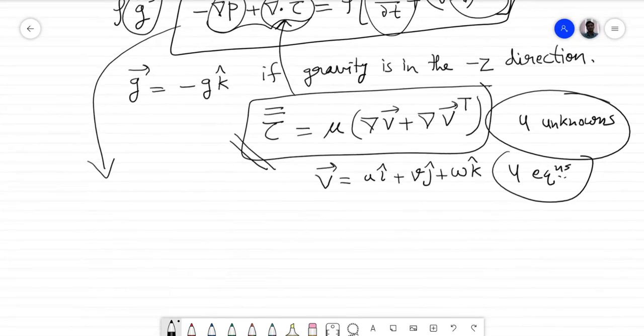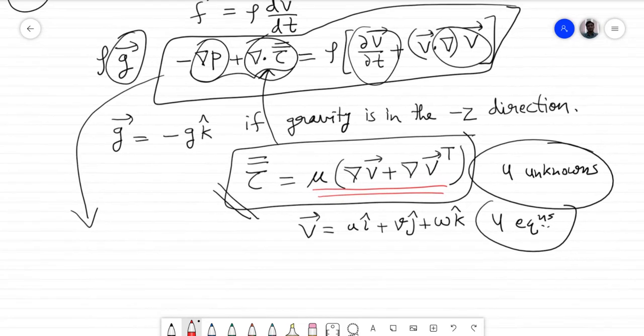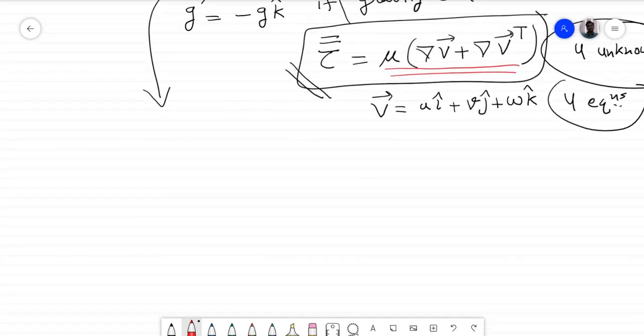Yes. So if you substitute this for a Newtonian fluid, let me write the velocity part on the left hand side, which is the standard for writing Navier-Stokes equations.